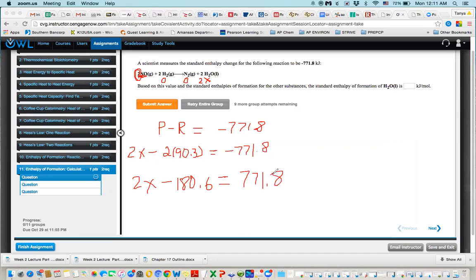Wish I could write faster. And then I'm going to add this to both sides, plus 180.6. Whoops, I forgot that negative sign. See, it's easy to do. Plus 180.6.